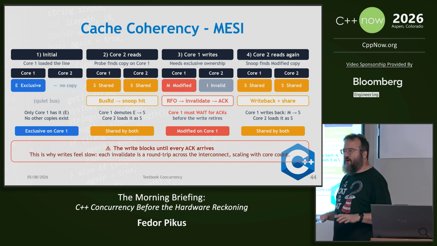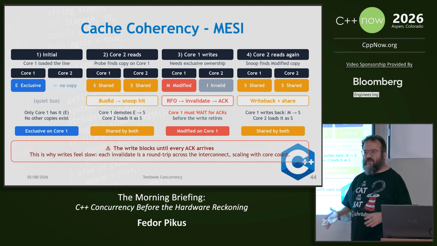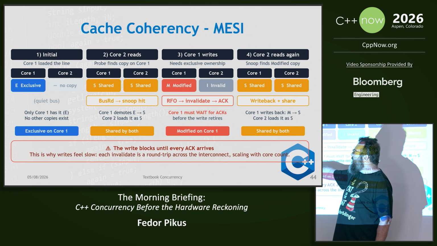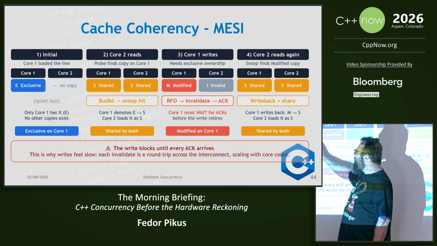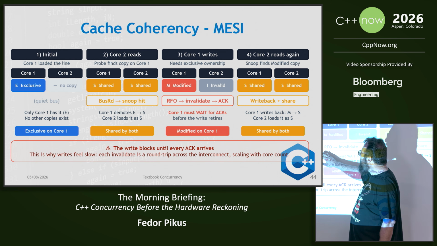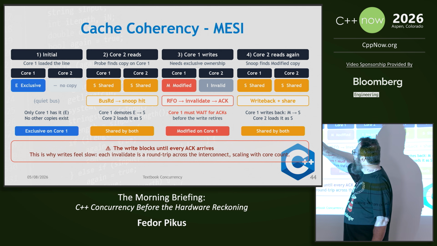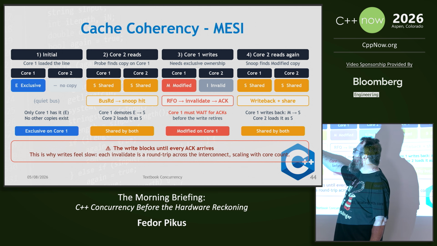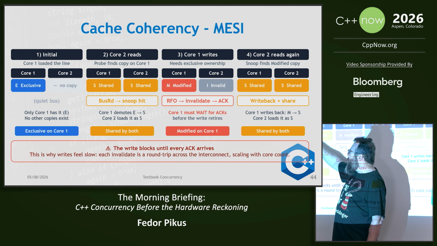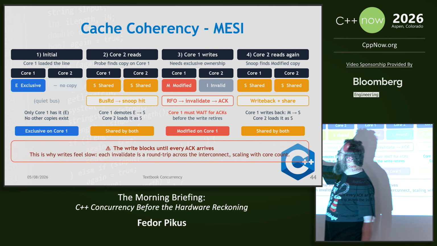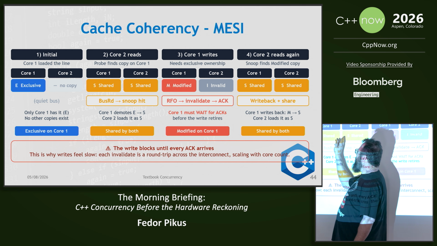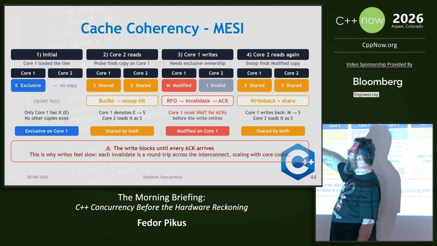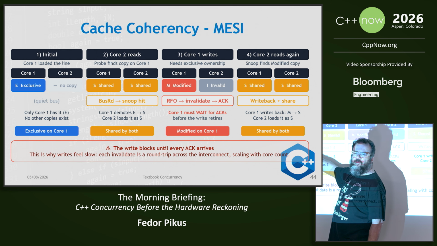There's just too much power going into that silicon. It's N squared logic. So they have directories, bus snooping, all sorts of things. But anyway, what happens is there is a communication between these caches. Core 2 didn't have the copy, so now it acquires a copy of this line, but the one that was exclusive drops into shared, S.